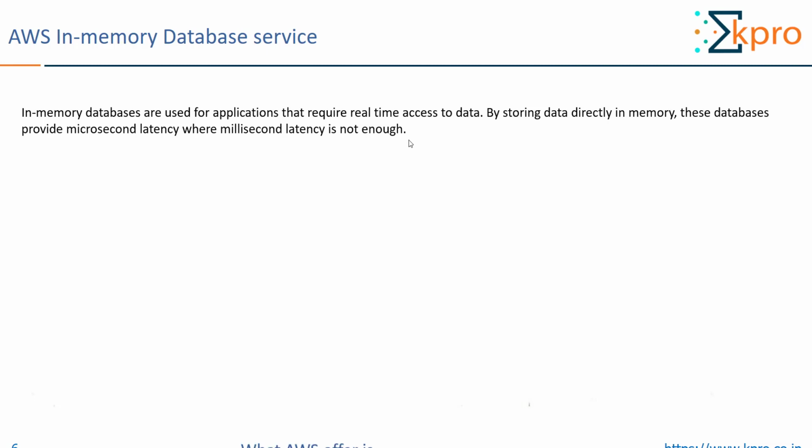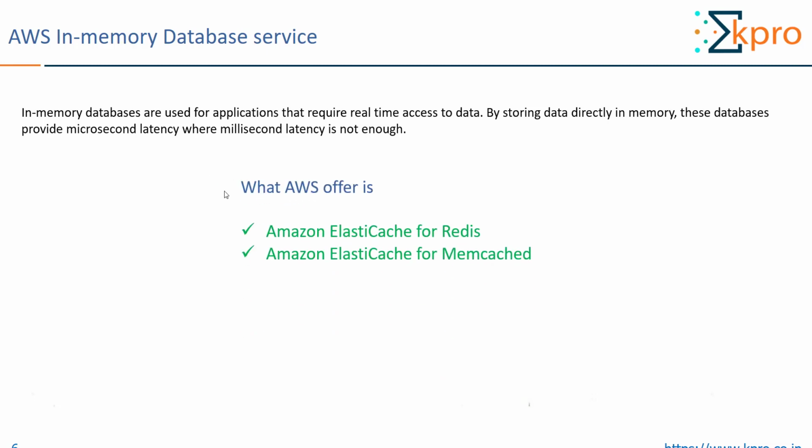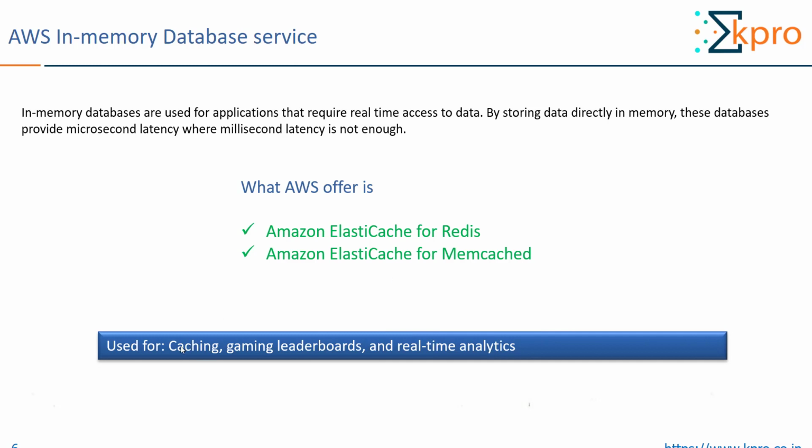So what is the AWS product for it? What AWS offers is Amazon ElastiCache for Redis and Amazon ElastiCache for Memcached. These two are the services offered by AWS for in-memory database services. So what is the use case? Used for caching, gaming leaderboards and real-time analytics.